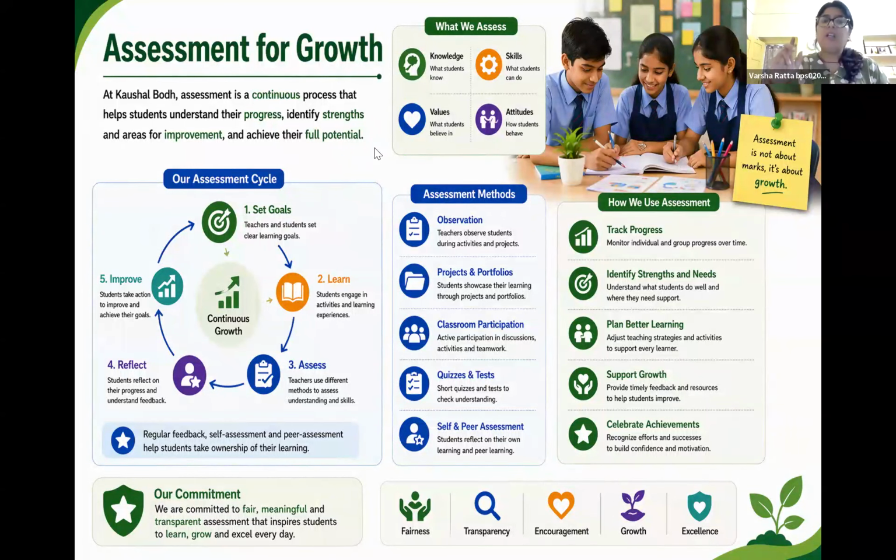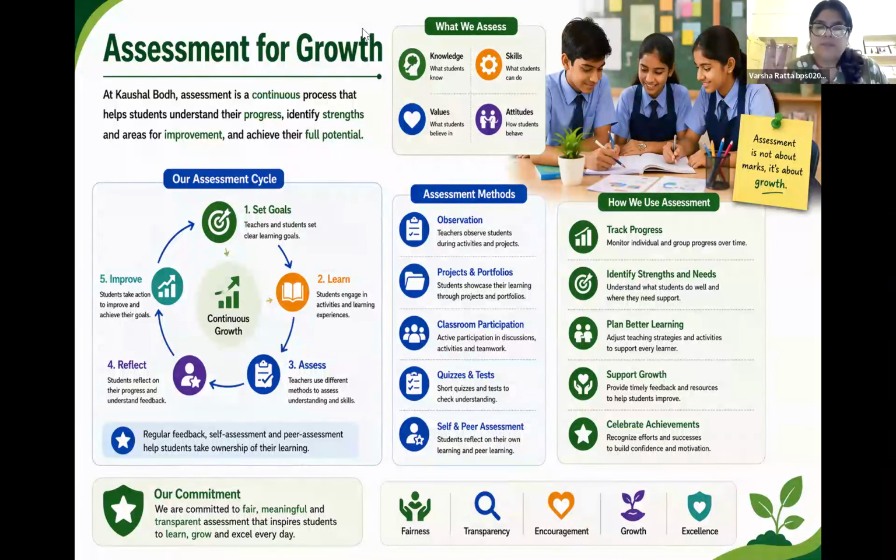So, you are actually assessing their progress, identifying their strengths and areas of improvement. You are also finding where the child is lacking. Okay, so the assessments are going to be in this manner, and whether they have achieved it to their full potential or not. If they're lacking, the cycle will go on again. So the first thing in the cycle is set your goals.